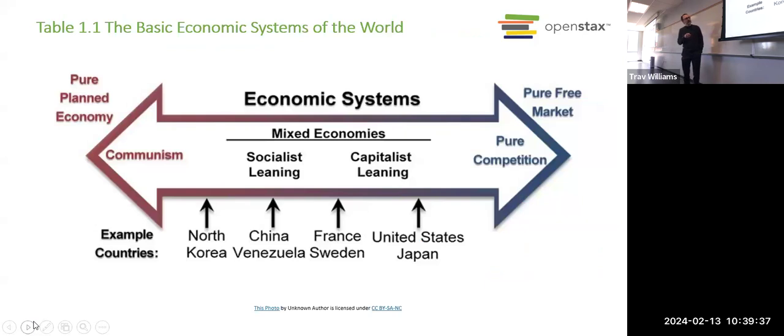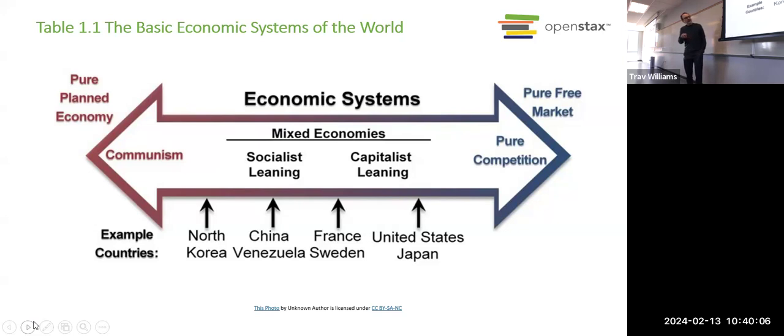In communism, the government controls the products and services that are created. So you don't really have private businesses. Government basically controls everything. What's that? No entrepreneurs. No entrepreneurs, that's right. And that would be an example of North Korea. Their government really controls everything.